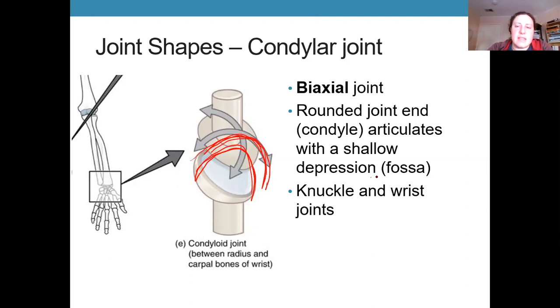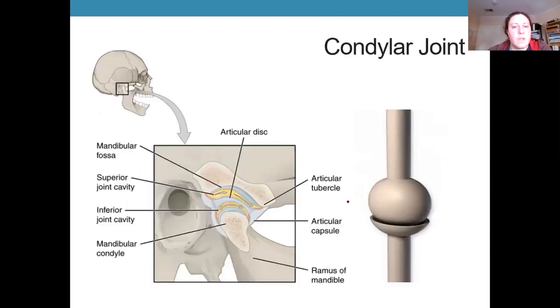In this case, it's a fossa, which remember means a shallow depression. And so these guys have 2 planes of movement, and the places where we see condyle joints are the knuckle joints. So down here between your hand and your fingers, and technically down in your toes too, and then in your wrists are some common locations.